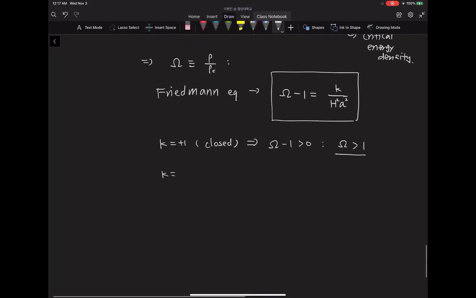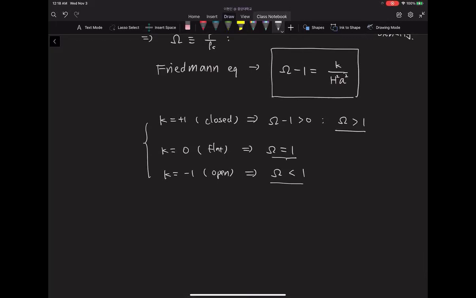If k equal to 0, that is the flat universe, omega equal to 1. If k equal to minus 1, which is the open universe, then omega is smaller than 1. So there are three cases.